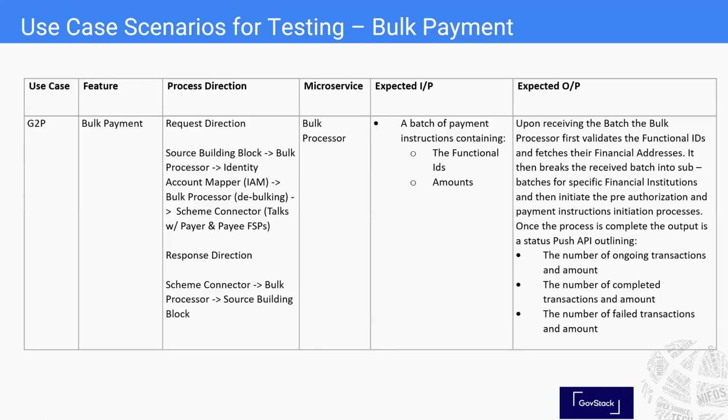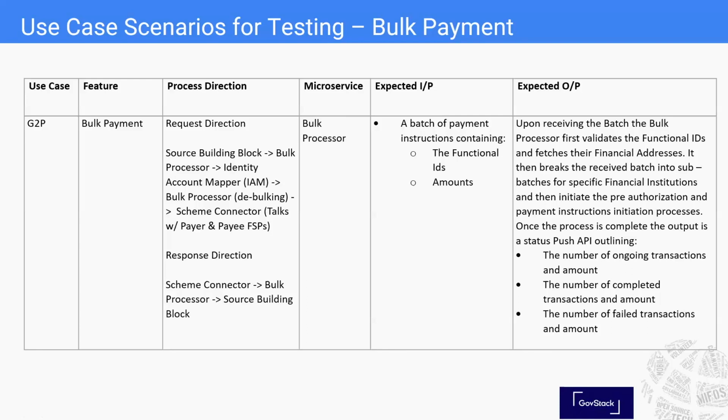It then communicates with its scheme connector. The scheme connector sends those requests ahead to the payer FSP to validate whether it has sufficient funds to honor the transaction request. And then the payer FSP, for the particular accounts, sends back the responses.